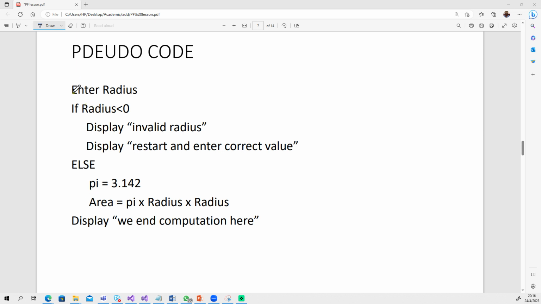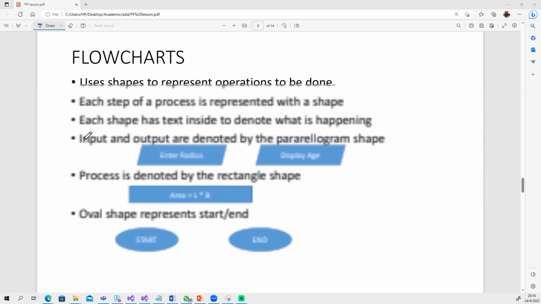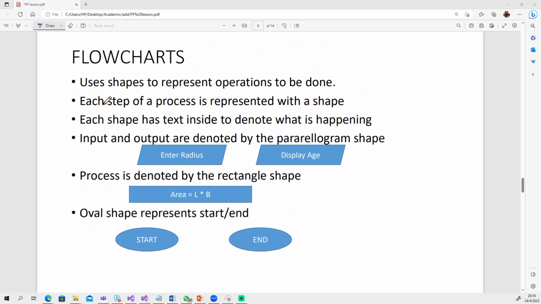Now, instead of writing things like this, can we have a different way of representing the same thing? That is what we do by making use of flowcharts. The basic principle you need to take note of is that in flowcharts, there is a use of shapes.